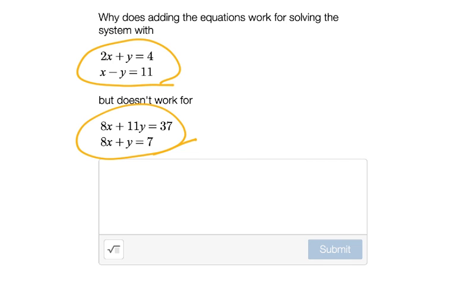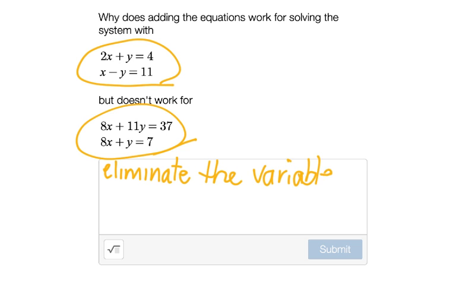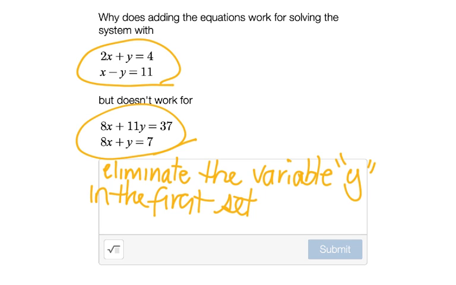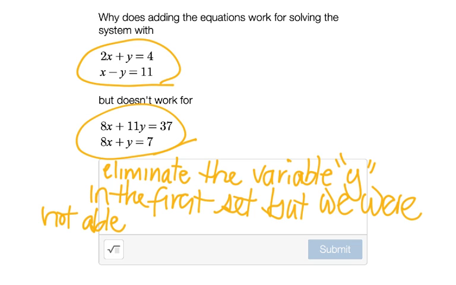So hopefully you figured out that what we were able to do is eliminate the variable y in the first set. But we were not able to eliminate anything in the second set.